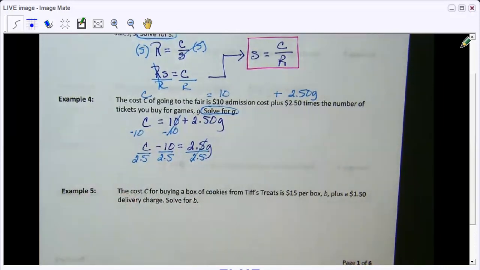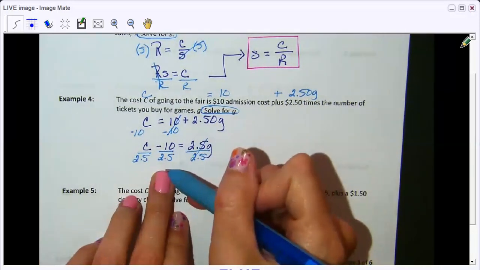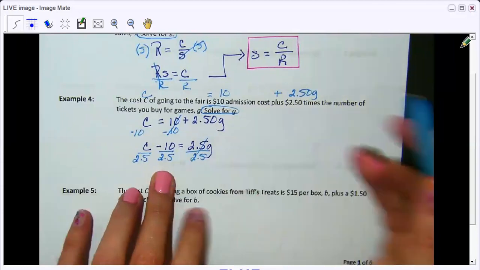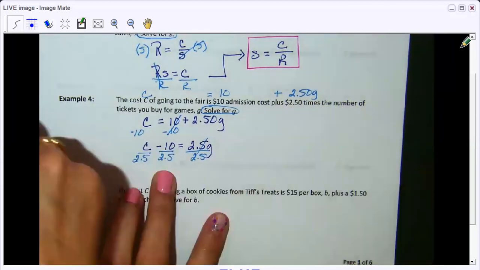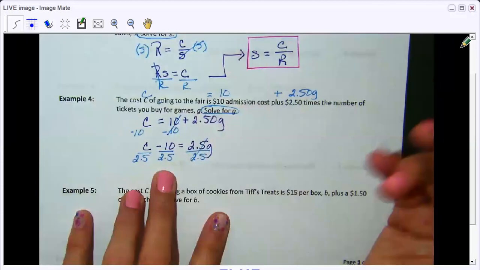Now we're gonna have to do some math work. Okay, so we're gonna divide 10 by 2.5. You know what?